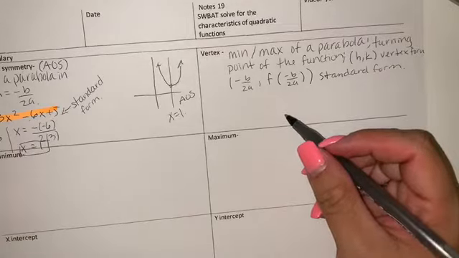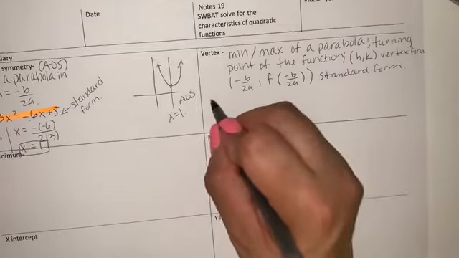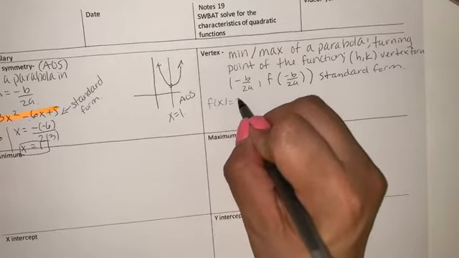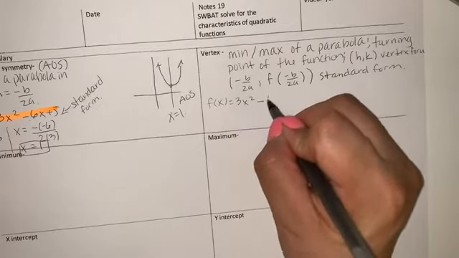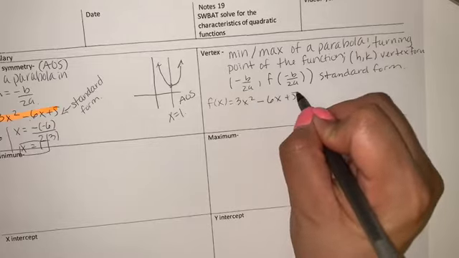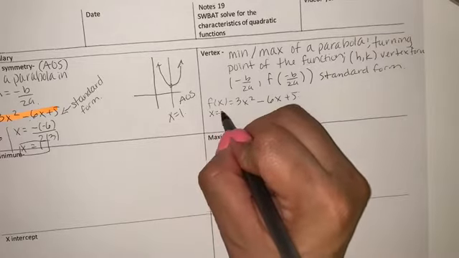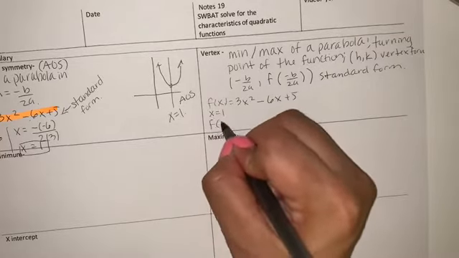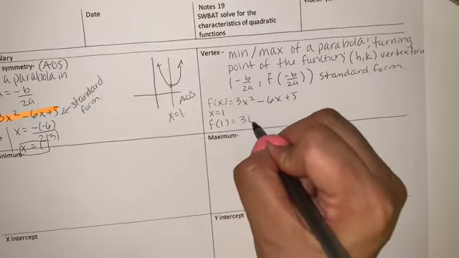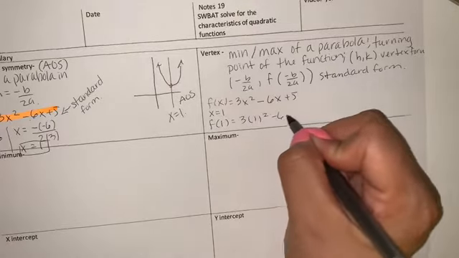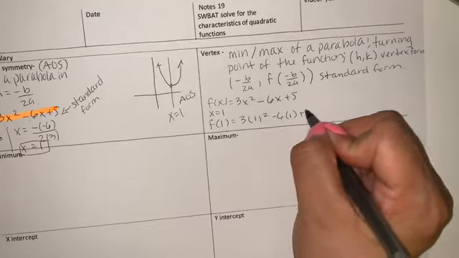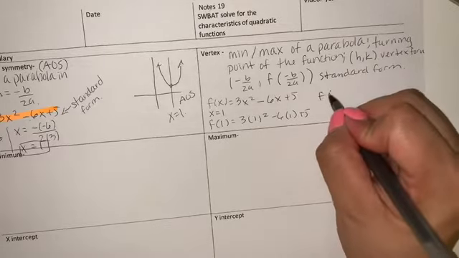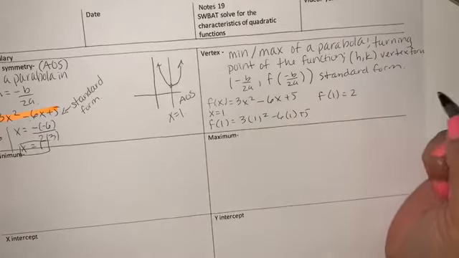So if we use the original function, f of x equals 3x squared minus 6x plus 5, and I substitute where x equals 1 into the function, I'm going to get 3 times 1 squared minus 6 times 1 plus 5, and my f of 1 is going to equal 2.